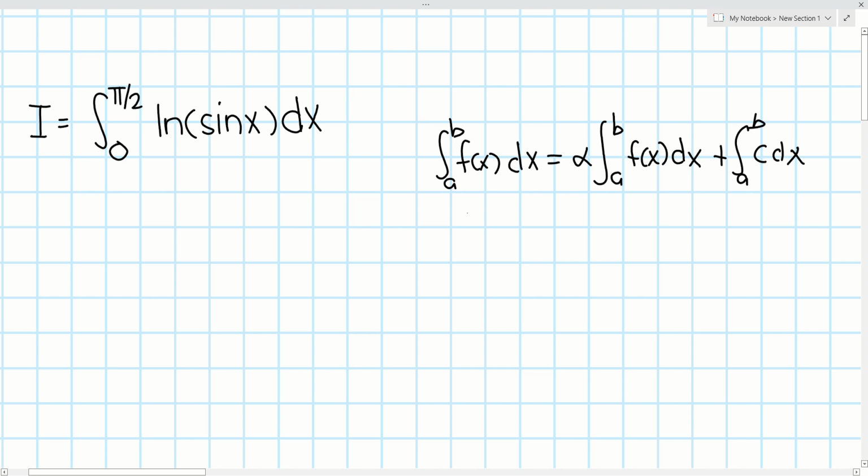What you could do here is transpose this, because the integral operator is linear. So you get 1 minus alpha times the integral from a to b of f of x dx. Since the other term is a constant, you can just evaluate that into c times b minus a. Then, to get the original value of your integral, you just divide by 1 minus alpha.